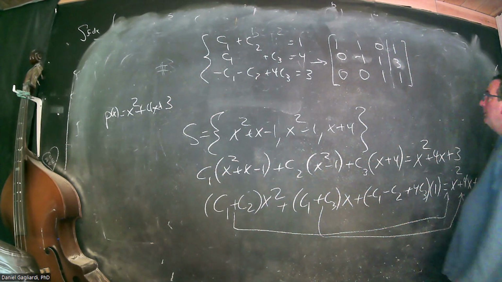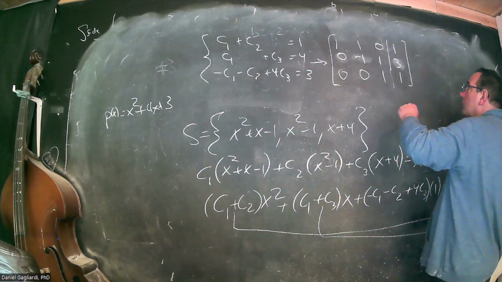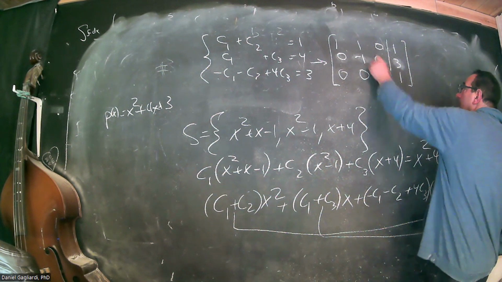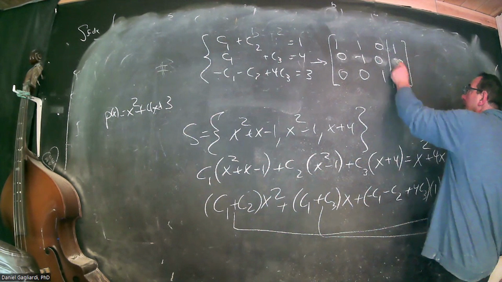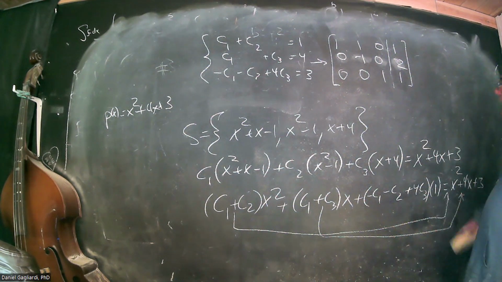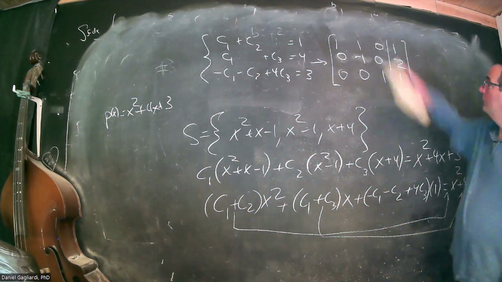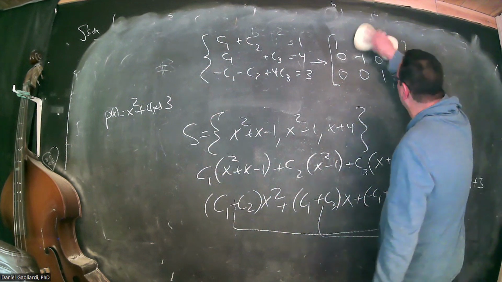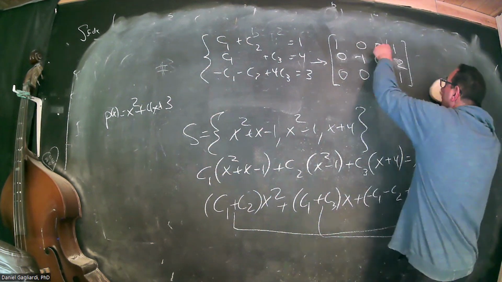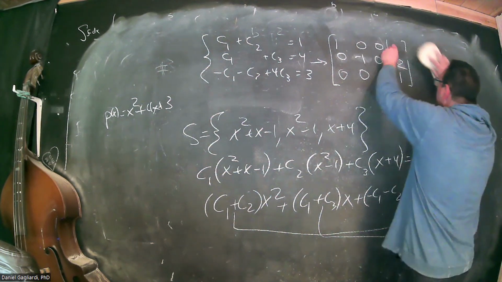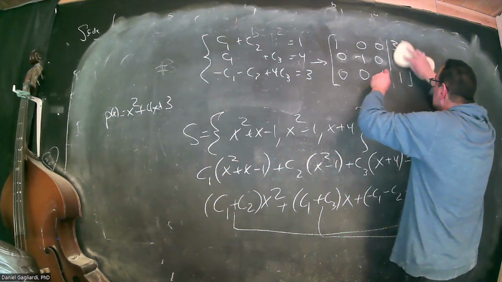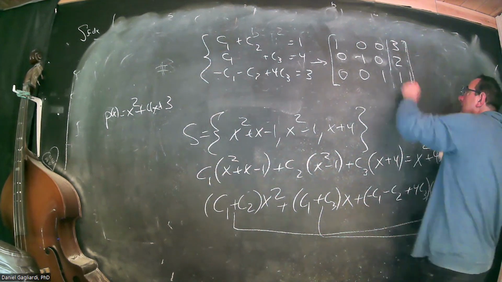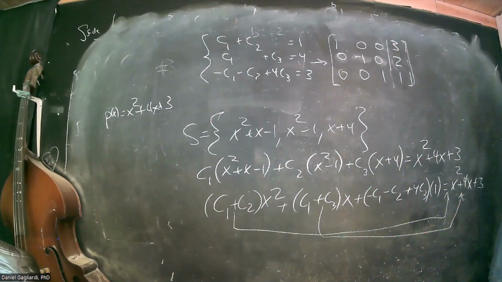Then how about row 2 minus row 3? That's going to give me a 0 here and a 2 here. And finally, if I add row 2 to row 1, I have a 0, 0, and a 3. 3, 2, 1. Okay, so I have coefficients 3, 2, 1.